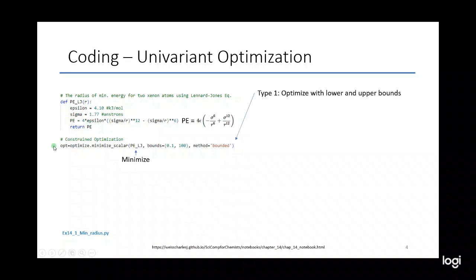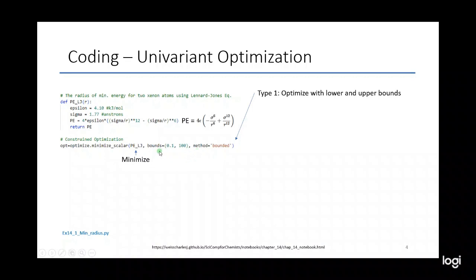Next, we will apply a type 1 optimization using the minimize_scalar function with three arguments: the objective function, the bounds, and the method.